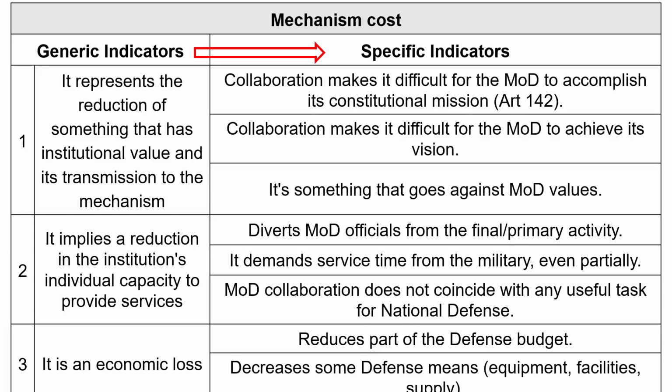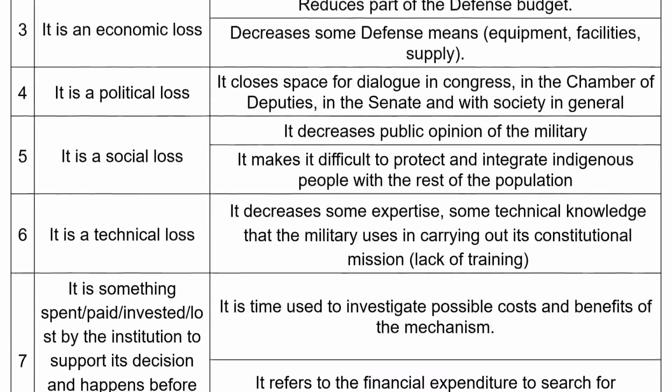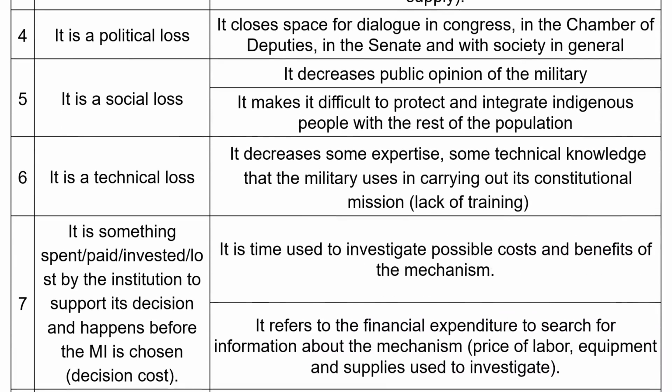Third, economic loss. When it reduces part of the defense budget, we can actually measure it. It's easy. And if it decreases some defense means, equipment, facilities, etc. Political and social losses are very hard to find indicators for and measure.